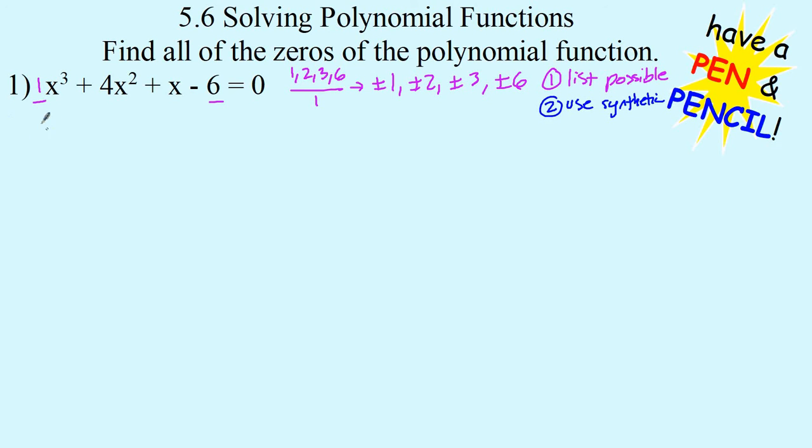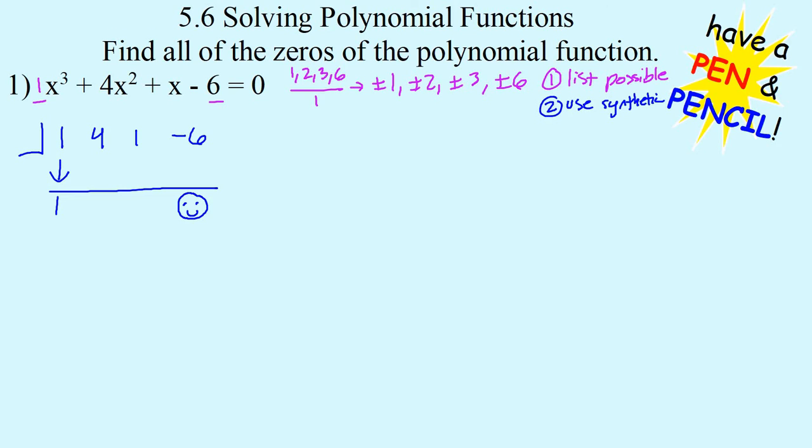So we're going to set it up for synthetic. We're going to have 1, 4, 1, negative 6. And this is how we always start synthetic. And we want the remainder to be 0, because we're looking for the zeros, the factors.